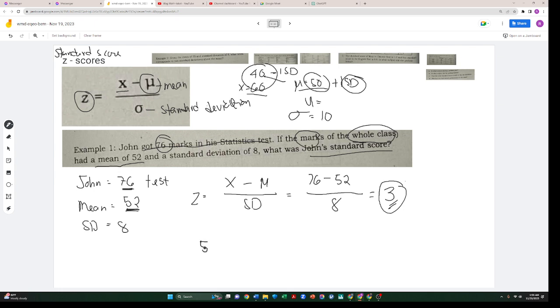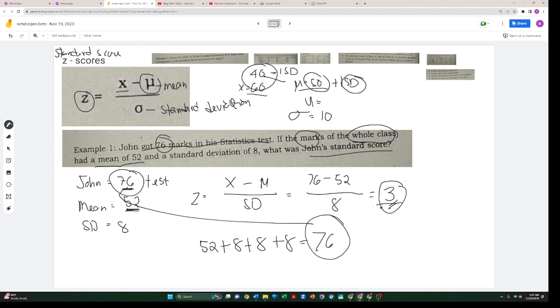So, 52 plus 8 plus 8 plus 8 is equal to 76.